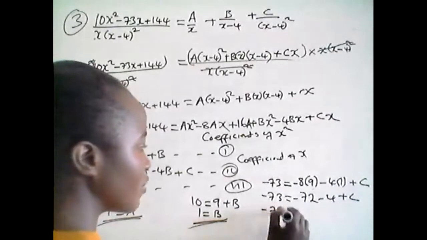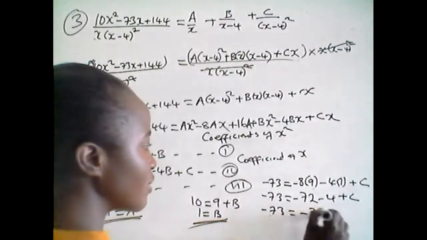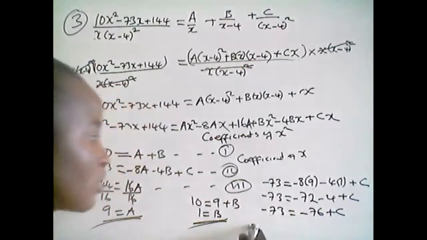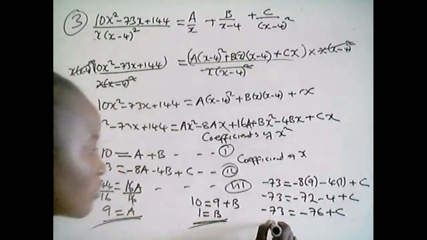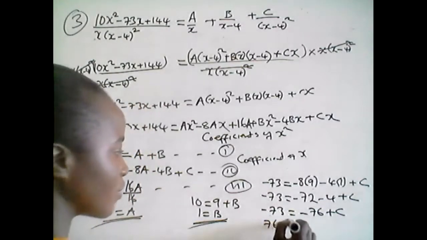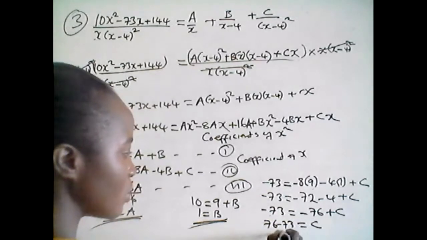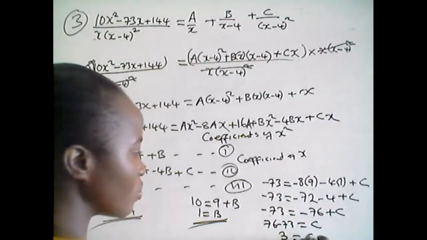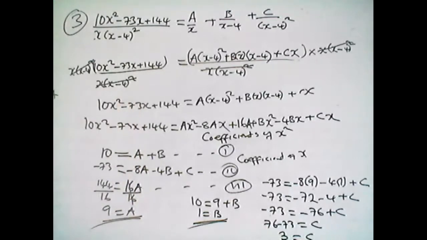So negative 73 is equal to negative 76 plus c. We take this to the other side. So this will give us 76 minus 73 is equal to c, implying that 3 is equal to c. So we found the three values, a is 9, b is 1, and c is 3.